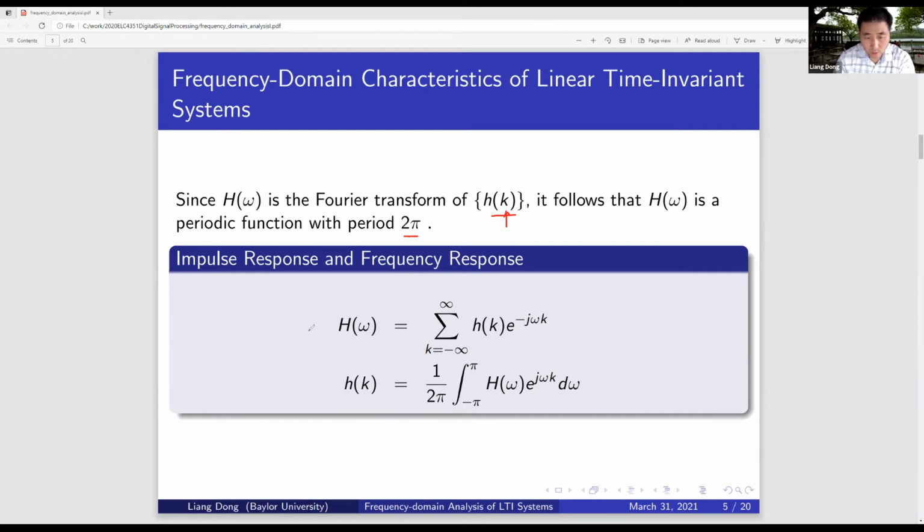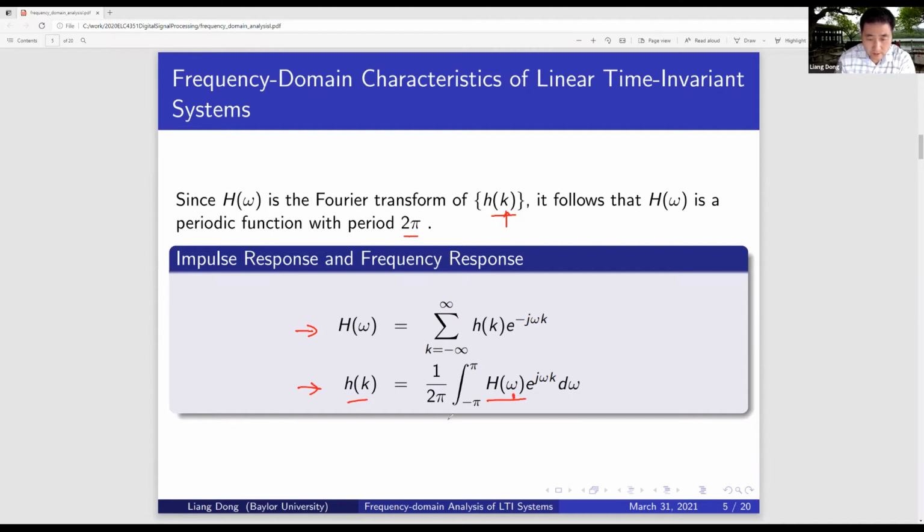The first one is the Fourier transform, that's the direct equation. This is the inverse transform, which we know all these little h can be written using this formula. H of omega is a continuous variable, and omega has a period of 2 pi.